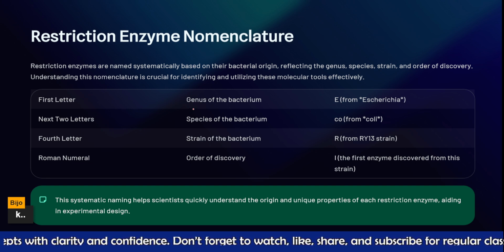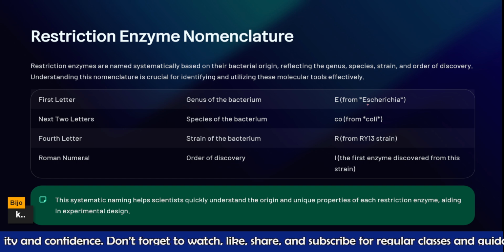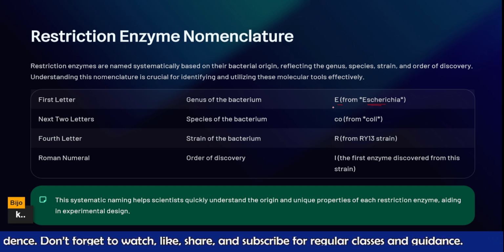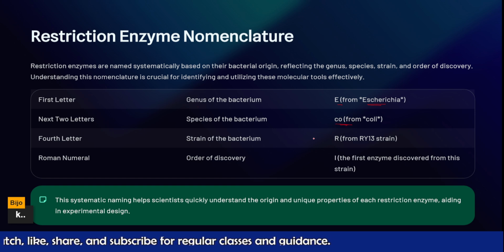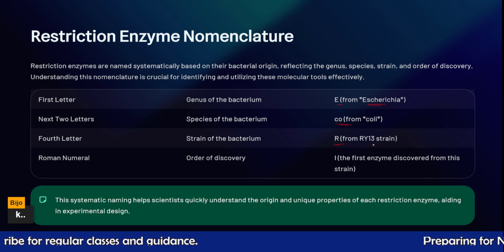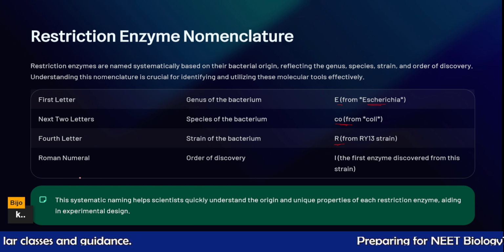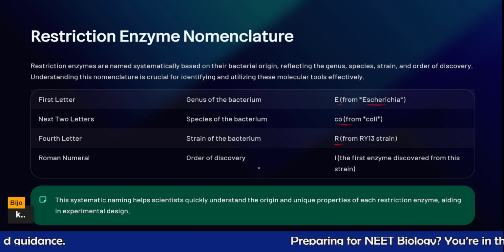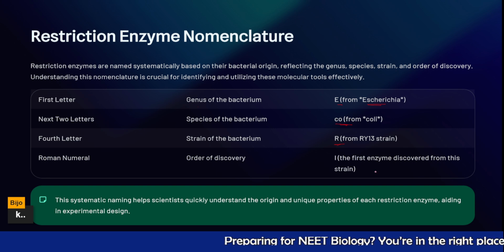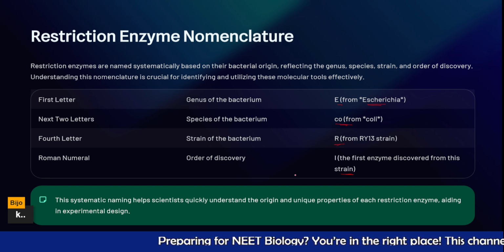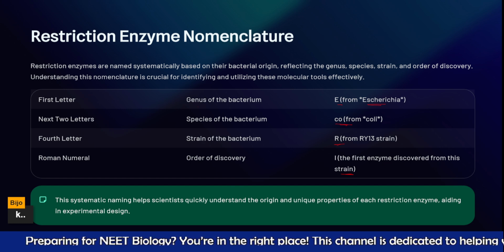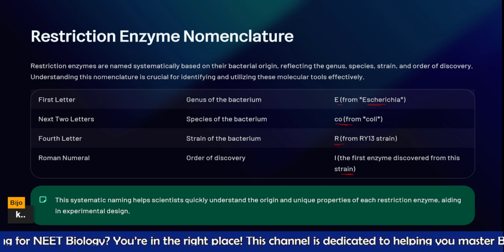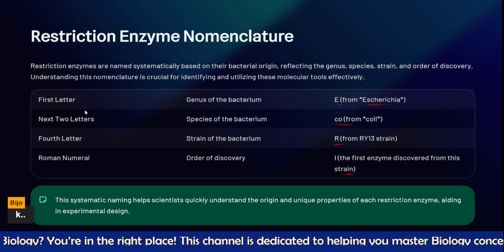Here, the first letter is from the genus Escherichia coli, E. Then the next two letters are the species, Co. The fourth letter is the strain of the bacteria, R strain, RY13 strain. And the Roman numeral is the order of discovery. The first enzyme discovered from this strain is EcoR1. That's why the name. Clear? That is the nomenclature, or naming, of restriction enzymes.